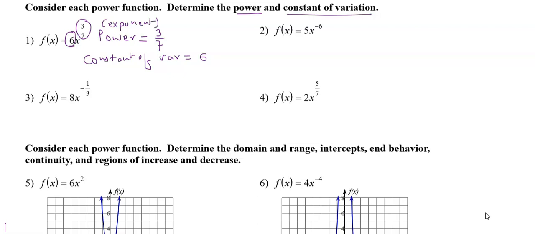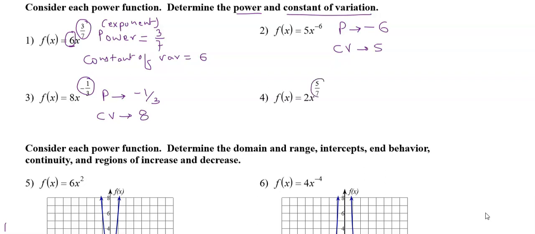Here, number 2, power is minus 6. I am just writing power as P. So power is minus 6 and constant of variation is 5. In question number 3, power is negative 1 over 3 and constant of variation is 8.